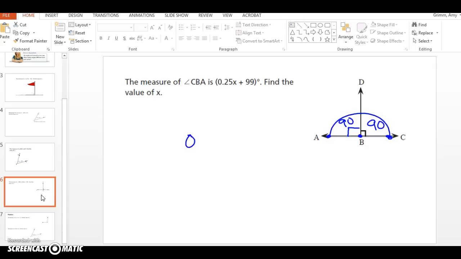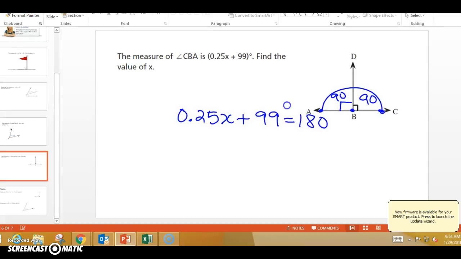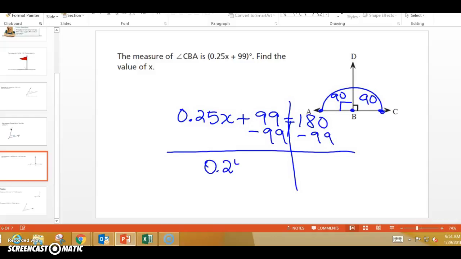Okay? All right, so let's set this one up. So I have 0.25x plus 99. And that is going to equal 180. All right, so take a minute and solve that one. All right. What is 180 minus 99? 81. All right.